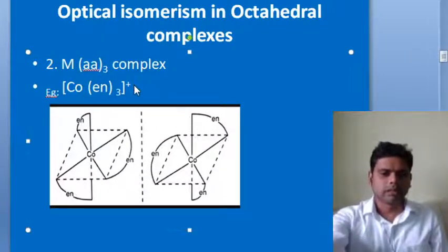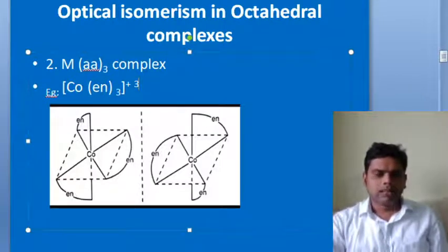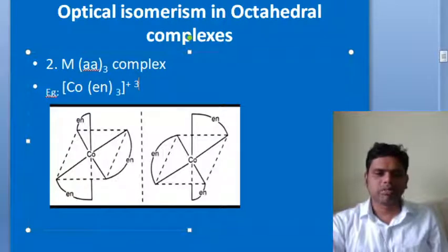So here it is plus 3. This complex also exhibits optical rotation. You just try to write the mirror images of each other. The mirror images of each other will produce dextro and levo isomers, which are optical isomers.